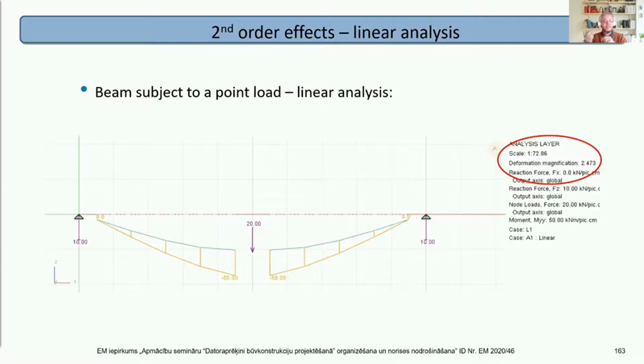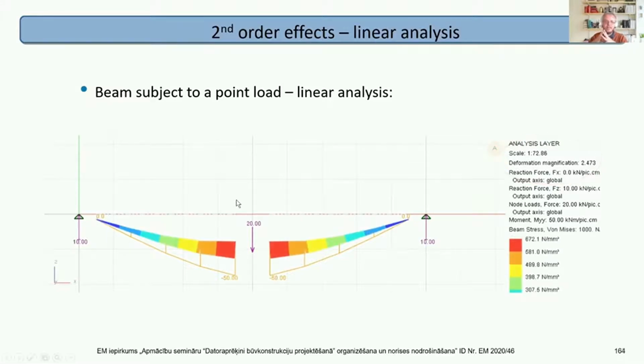Interestingly enough, the deflection allowances, tolerances, in the Eurocodes are such that if you keep within them, the structure is usually quite linear. Get beyond them, and non-linear effects begin to kick in. So let's also look at the stresses on this beam. The stresses are coming out as 670. That's about twice the yield strength of steel.